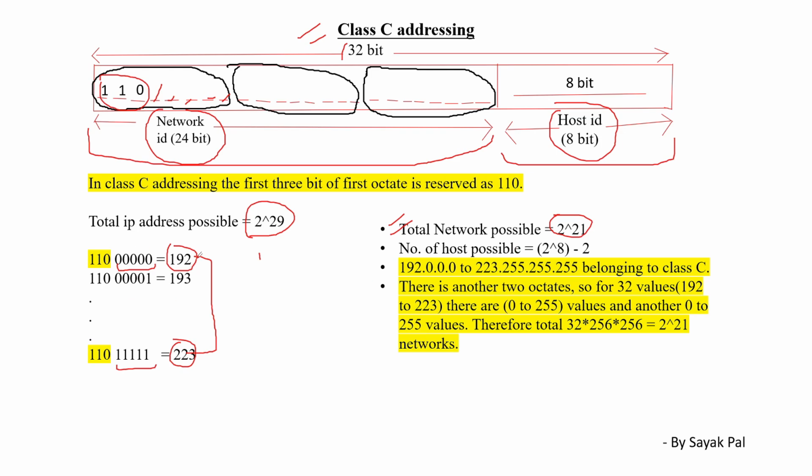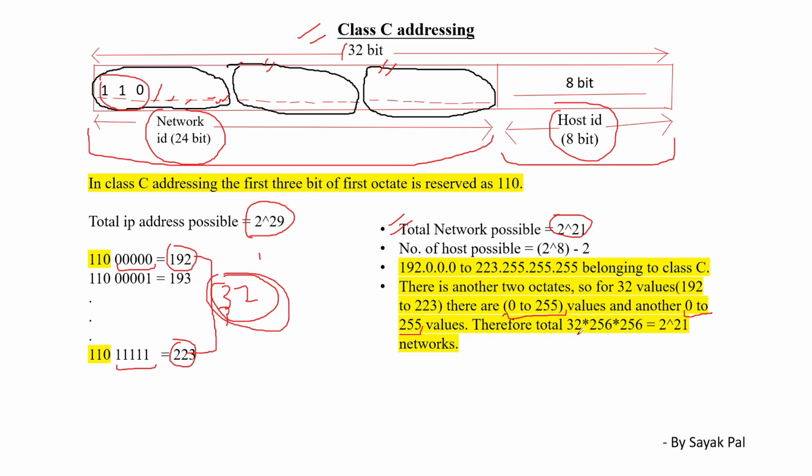It's the same concept here. The other two octets are there, so there are 32 values. How 32 values? Because 1, 2, 3, 4, 5 fields, 5 bits are there. 2 to the power 5 is nothing but 32 values, and for each of the 32 values there are 0 to 255 and another 0 to 255 values. That means 256 times 256 values for each of the 32 values.